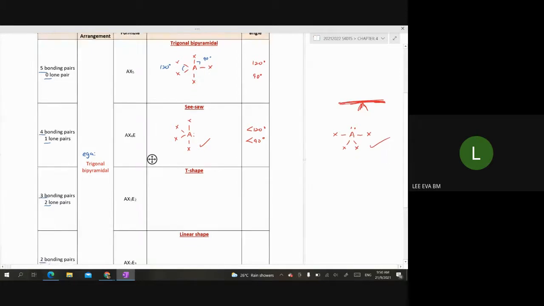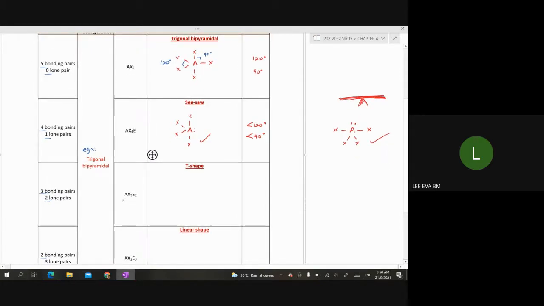Okay. The third combination we have AX3E2. 3 surrounding atom, 3 bonding pair, and 2 lone pair. Okay. So kalau ada 2 lone pair, kita akan gantikan. Okay, madam tukar balik dekat sini untuk senang awak nampak. Lone pair, lone pair.